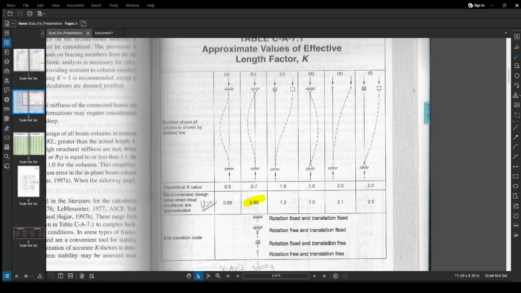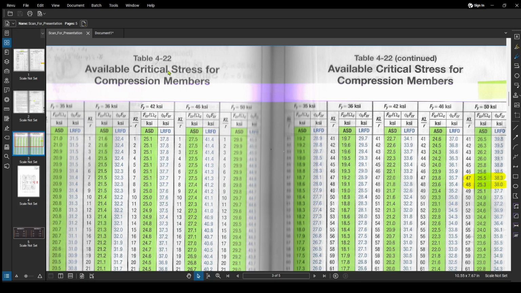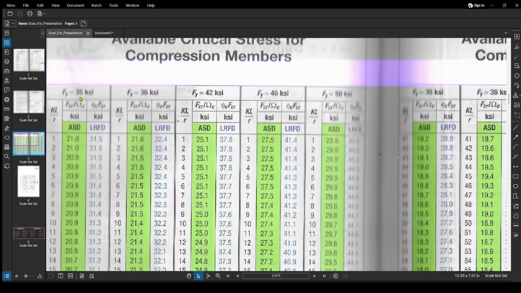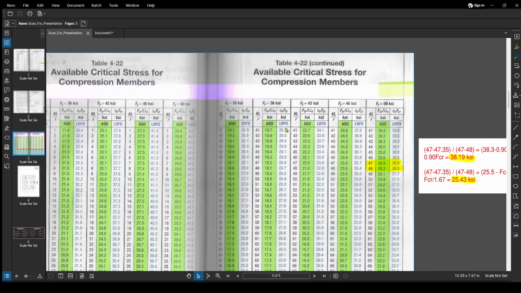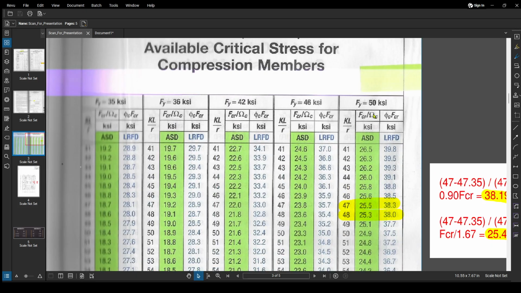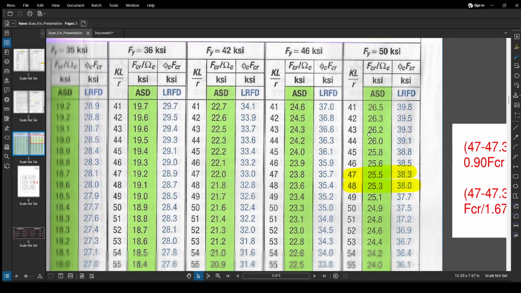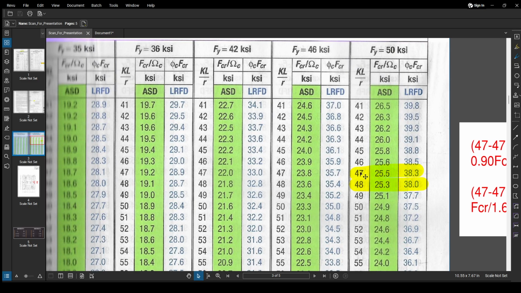If we check the table here, Table 4-22, we have the yield strengths of 36, 42, but our steel is 50, so we are in this column here. The KL over r value in our case is 47.37, so we are in between 47 and 48.